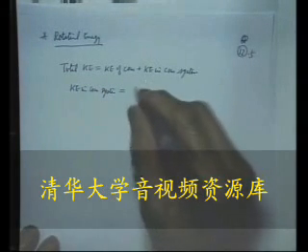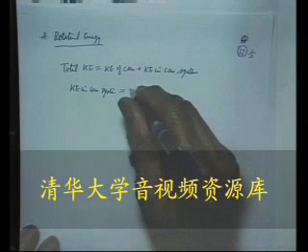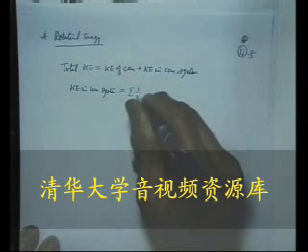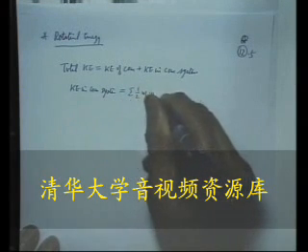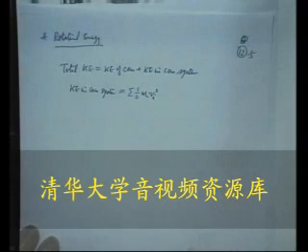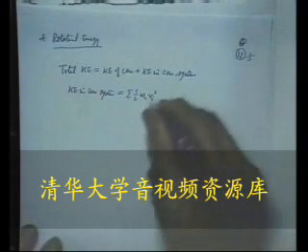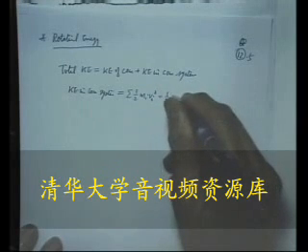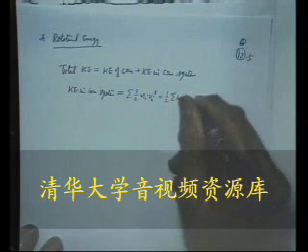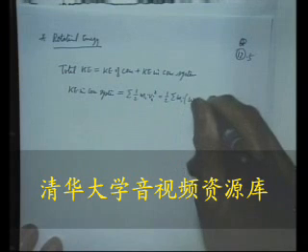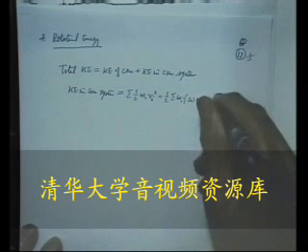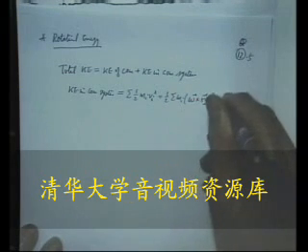It's equal to summation of 1/2 MI VI squared in the center of mass system. That's equal to summation 1/2 MI omega cross RI in the center of mass system.